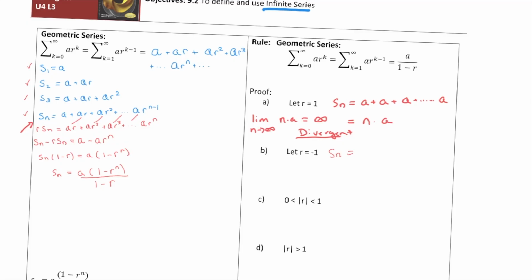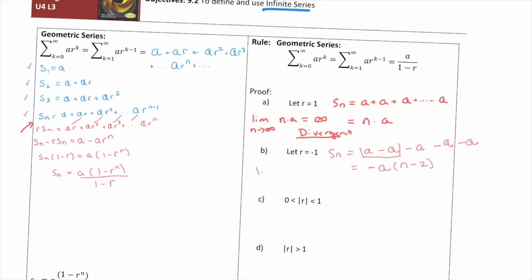S of n is going to be equal to a minus a minus a minus a minus a. And how many times is that going to happen? Let's see here. This is going to be 0. And then we will have negative a, how many times? n minus 2 times.